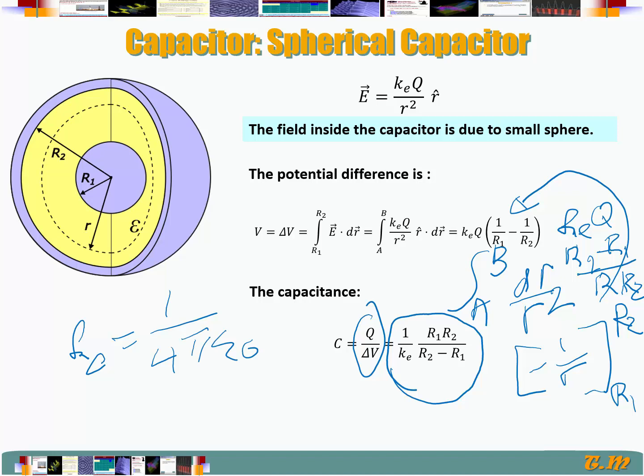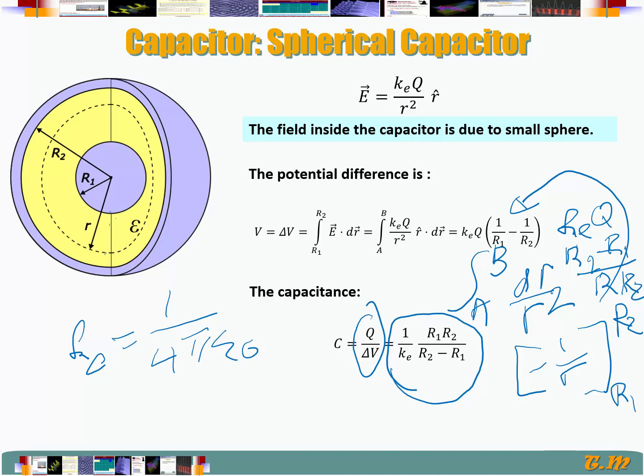In this particular capacitor, to be able to hold it together, we cannot have empty space in between. We can probably have an insulating rod holding the one inside. We can do that to a certain degree if it is very thin.